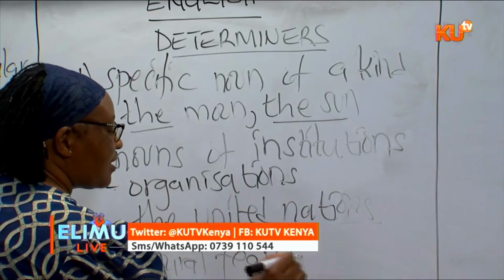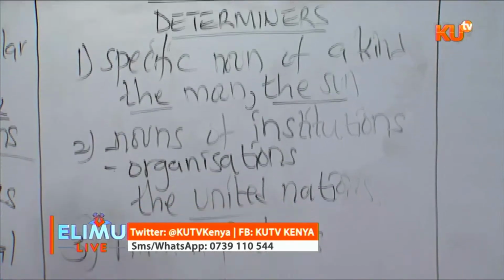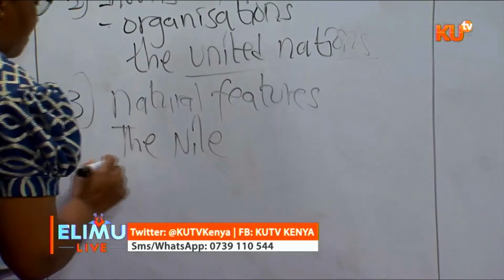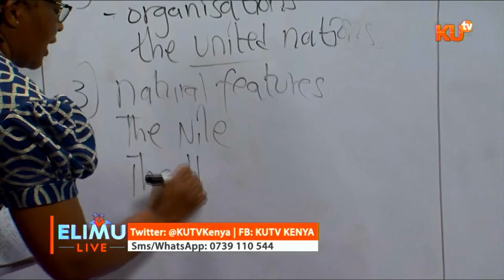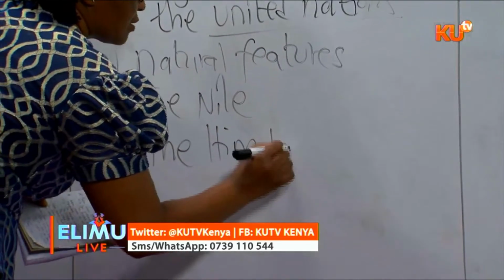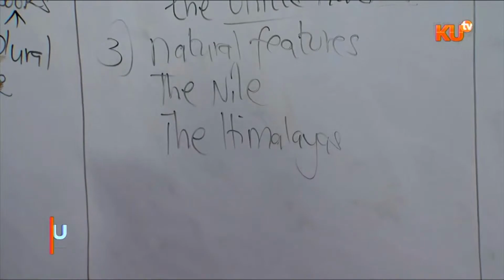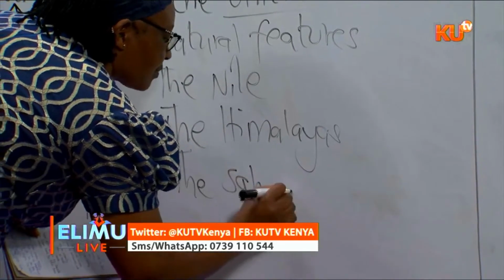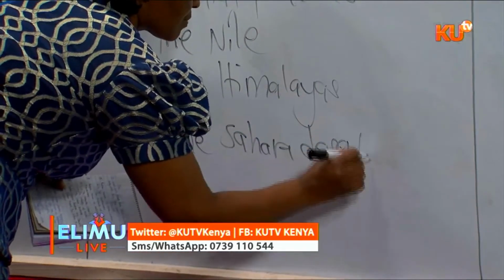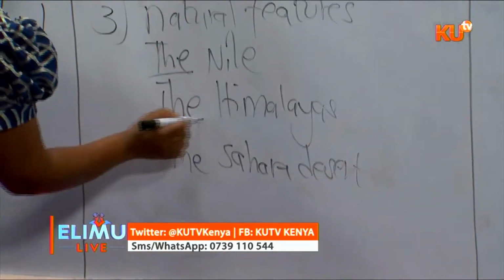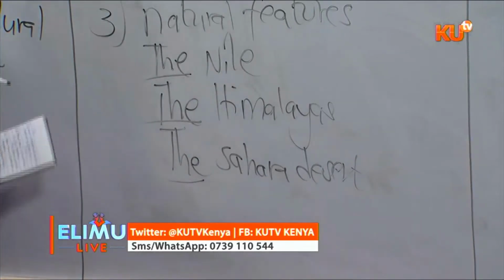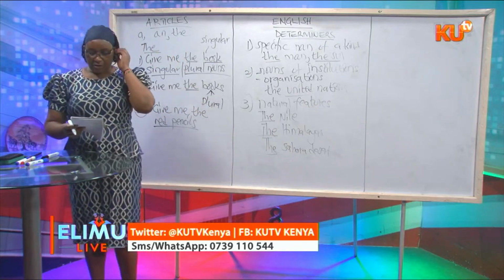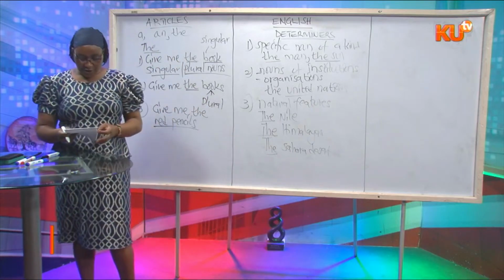We use the word the before natural features such as the Nile, the Himalayas, the Sahara Desert. So we use the word the before nouns referring to natural features.